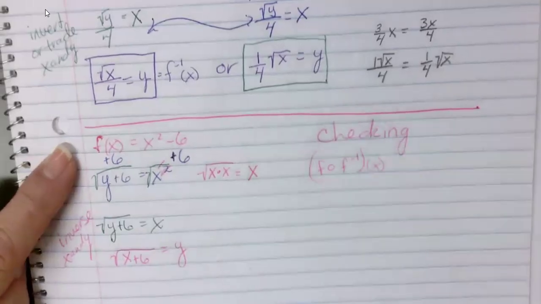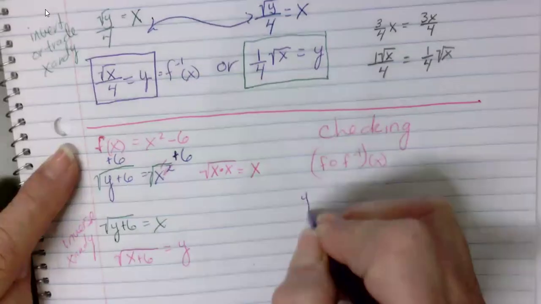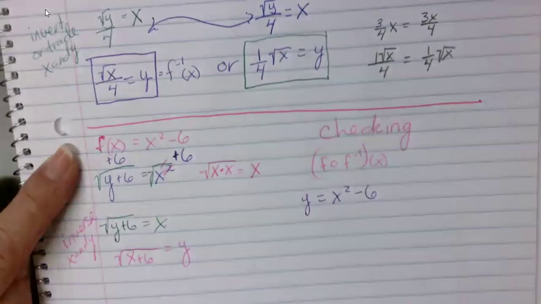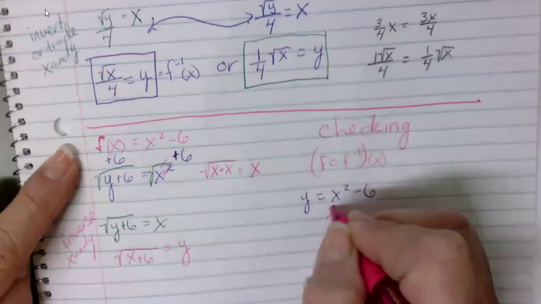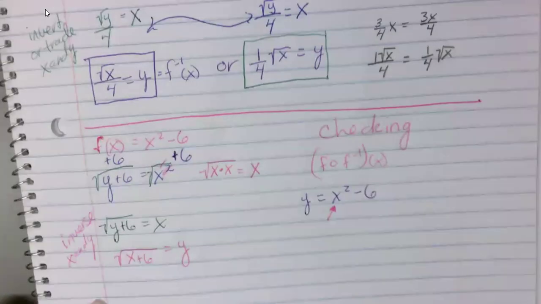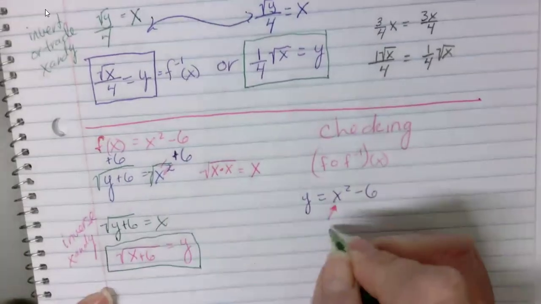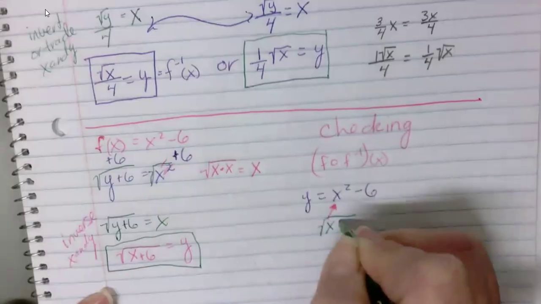I start by writing our original, which is y equals x squared minus 6. I draw a beautiful arrow to show what I'm going to put in. I'm going to substitute whatever I put in that box. So we're going to substitute x, square root of x plus 6.